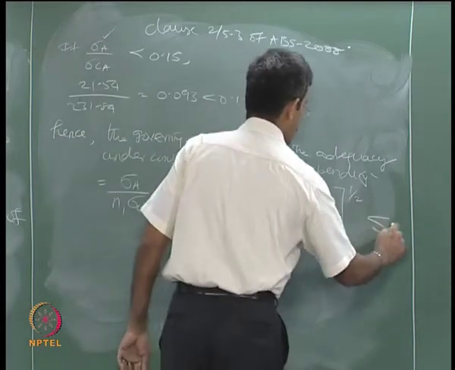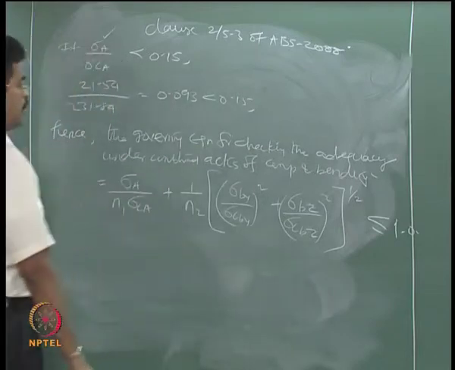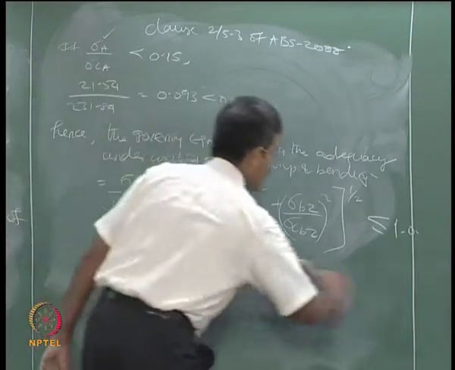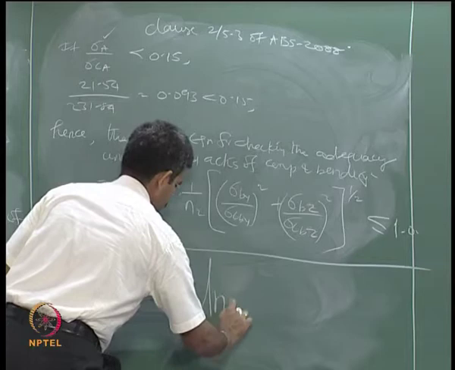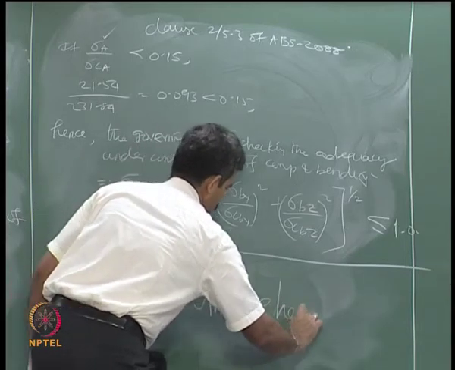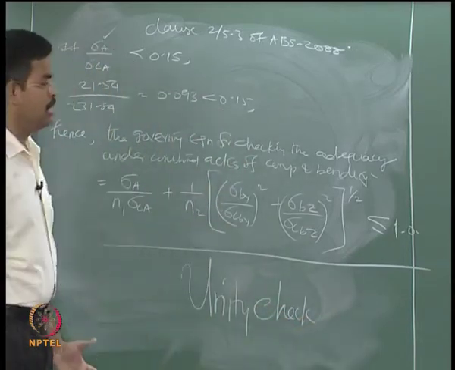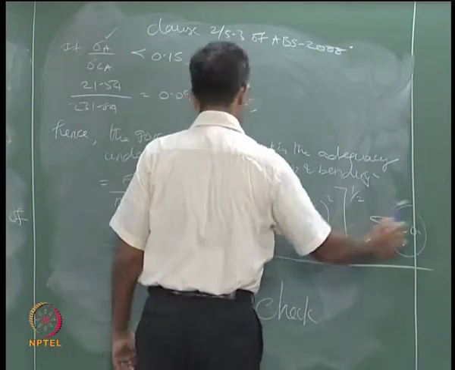this should be less than or equal to 1. This is what is famously called the unity check, because all the equations you will see are compared with the number unity.